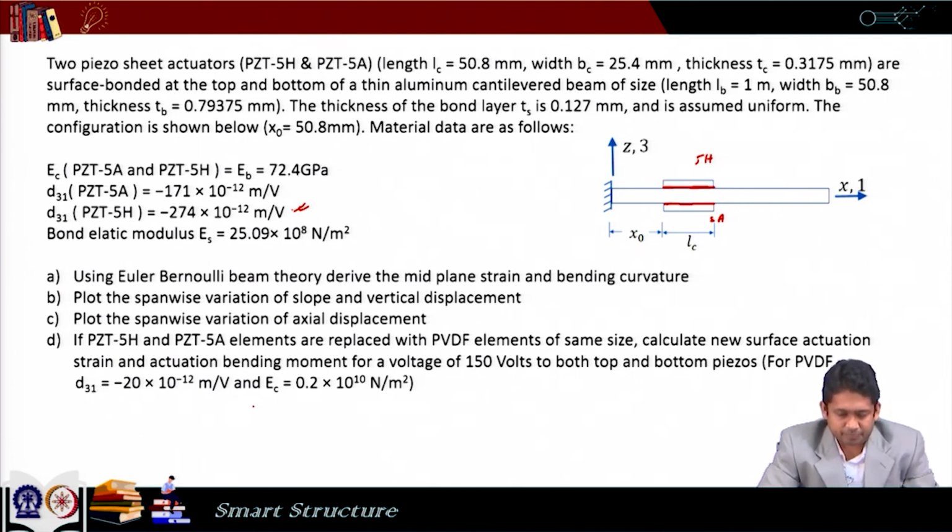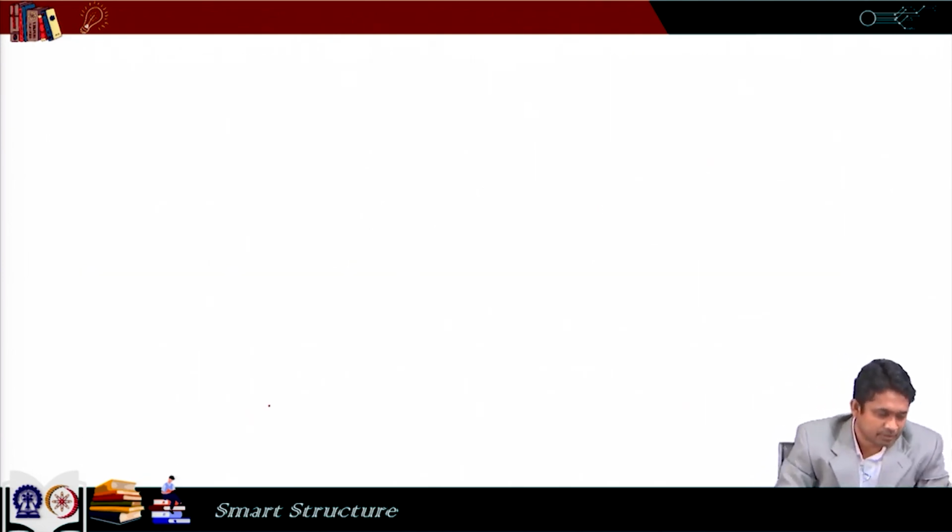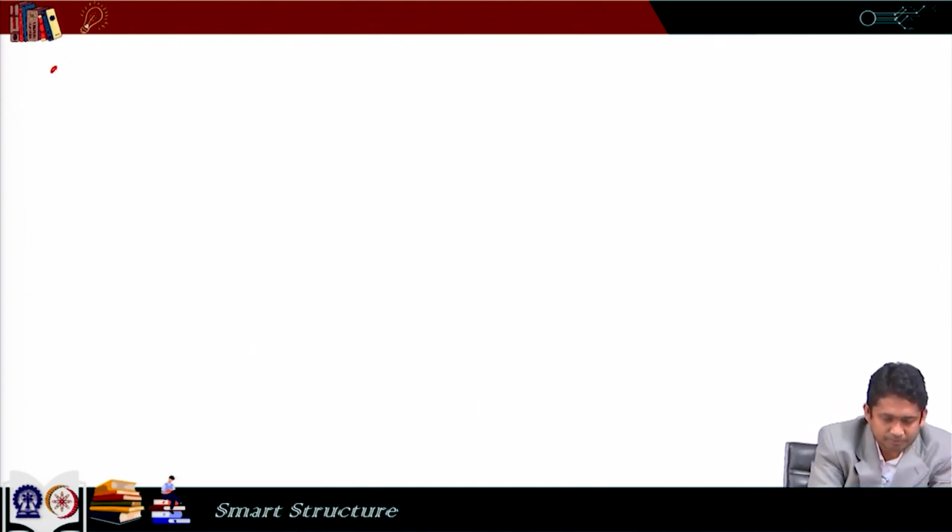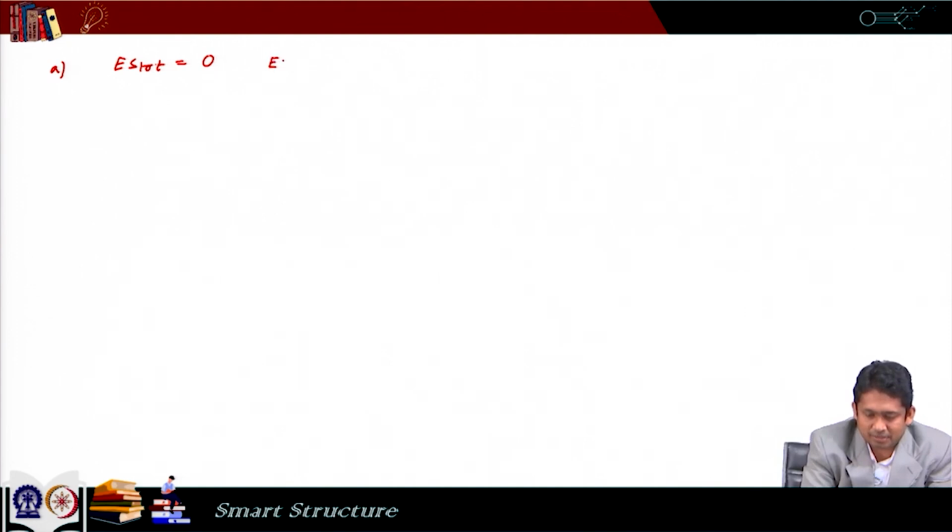Now, we have to solve the problem. For the first part, the beam is symmetric, as we can see they vary only in D31. So, that does not affect our EA, ES or EI. For this configuration ES is 0. EA total, if we want to find out, there are 5 layers: 2 piezo layers, 1 bond layer in between and a beam.